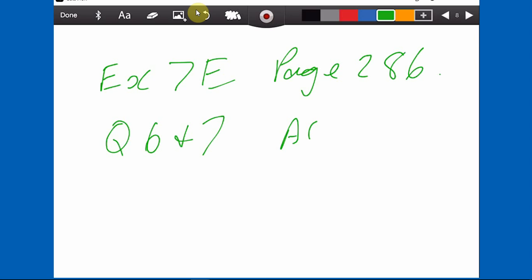You can do all of 6 and 7. This is about multiplying. Sometimes things are not going to be able to multiply, and that's okay. You just write that you can't multiply, there's no solution for those. All right, and as always, if you need some help, make sure you ask.